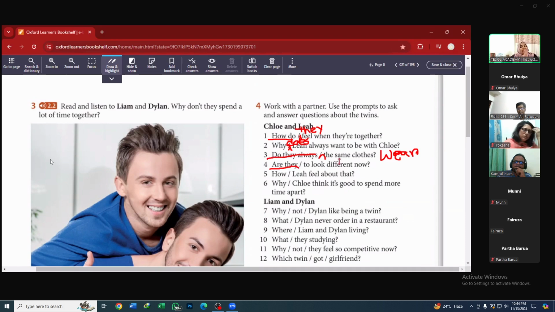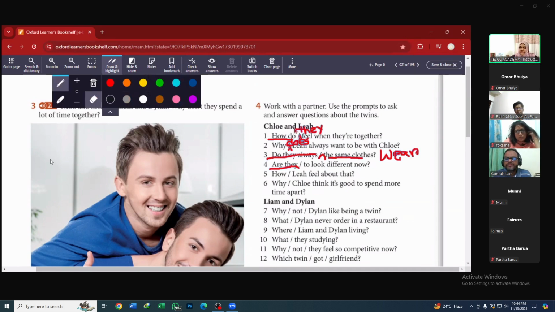And the last part of the question, the main topic, is also given, that is the same clothes. So in between there has to be something added so that the complete question is proper. Understood now, sir? Yes. Okay, that was number three. Good, Mr. Kamrul, very good.